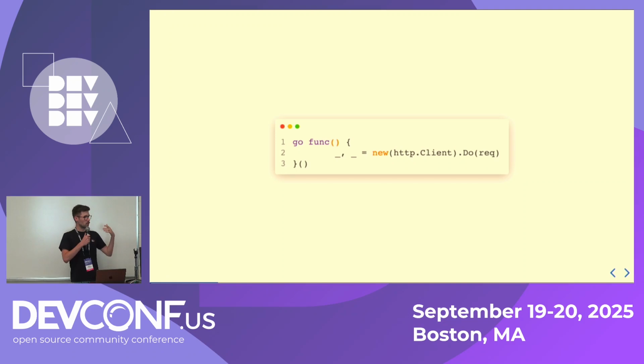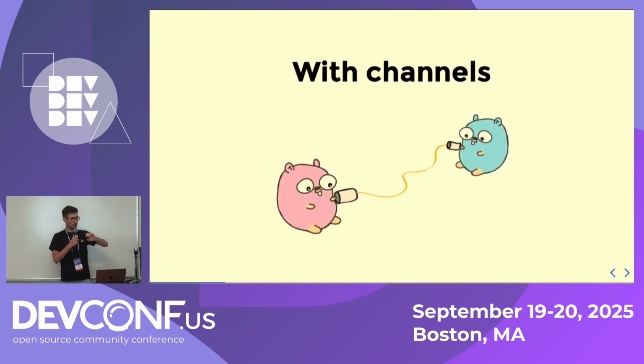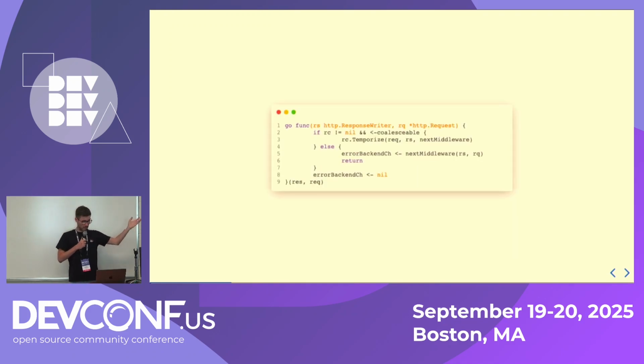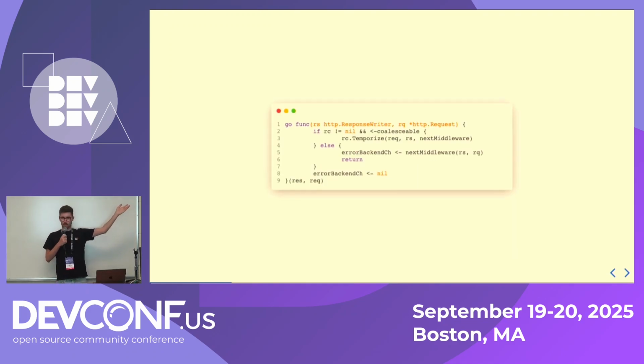And when you work with threads, you can transfer some data between your main thread and your second thread using something called channels. You use it like that. Here I have an asynchronous function that takes a response writer and a request as parameters.